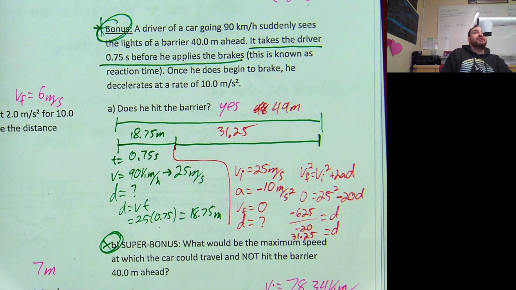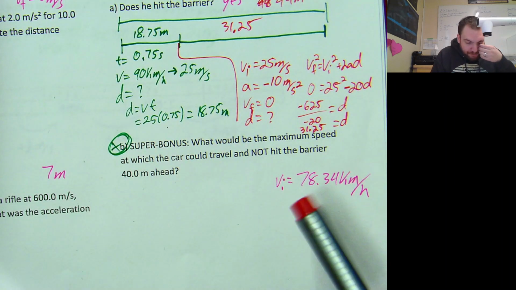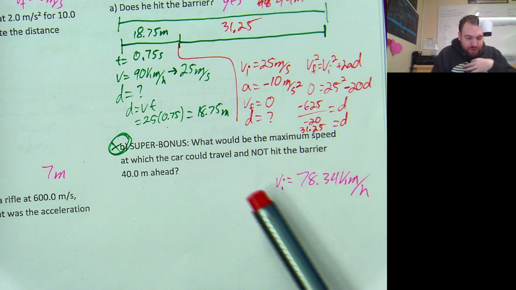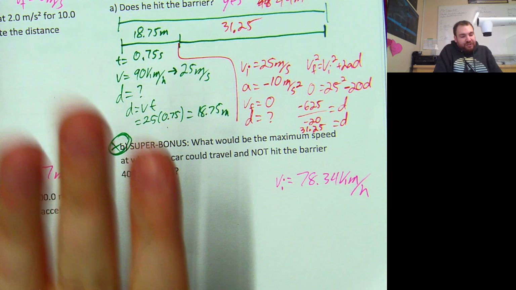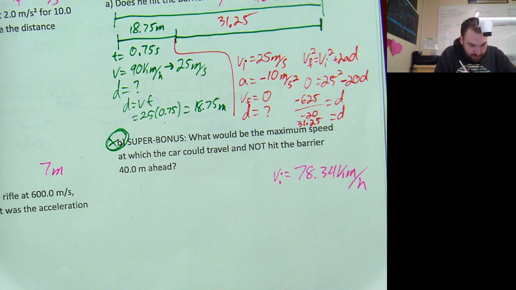Do you want to see the super bonus as well, Gerkiran? Okay. So, we want the maximum speed at which the car could travel and not hit the barrier. So we need this. I'm going to start with the second half of the question. Ooh, actually, this one's a little trickier. I don't like this quite so much.